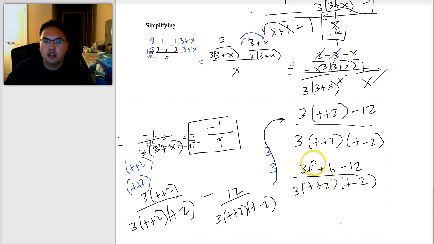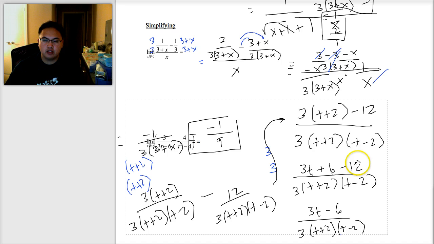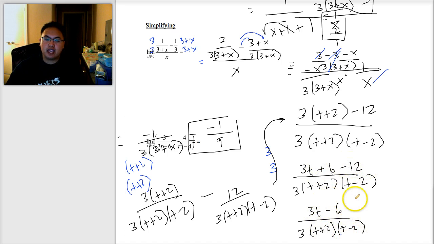This one up here simplifies to 3t minus 6. Hopefully y'all are still okay. So all I did was made this a minus 6. Still nothing I could cancel out.